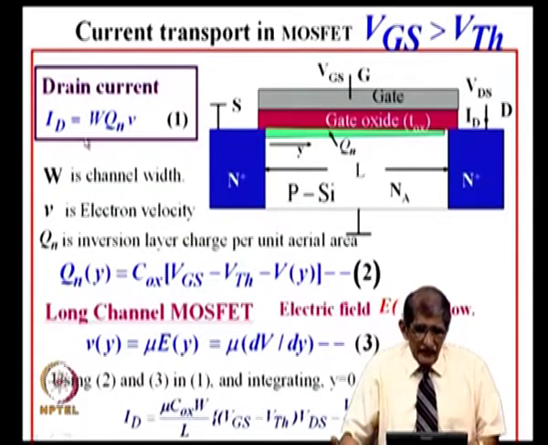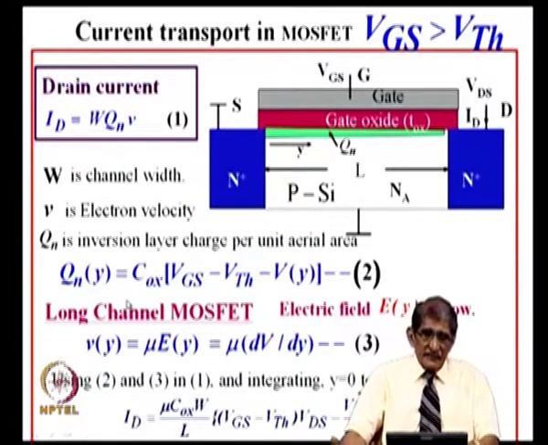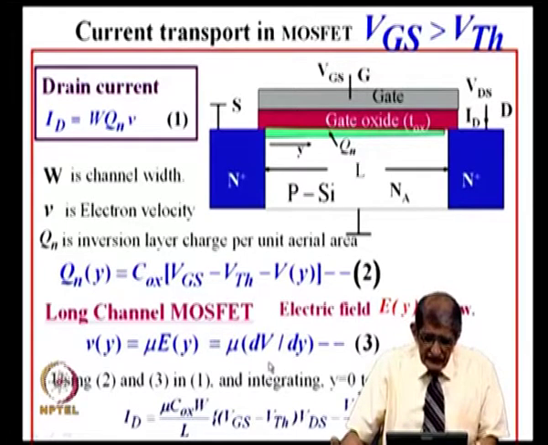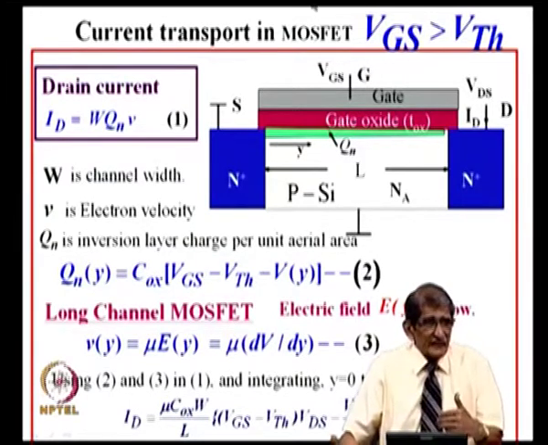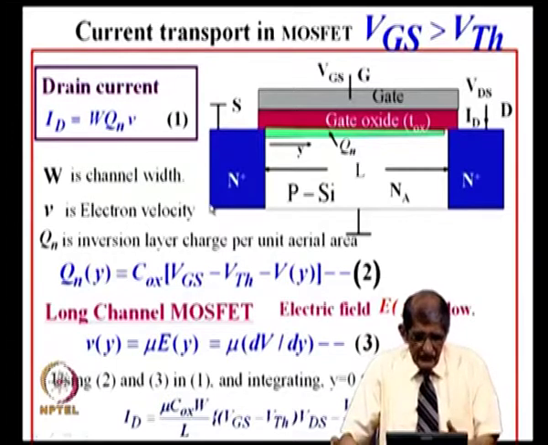Okay. Now, we are talking of a case where velocity is proportional to electric field. Therefore, we find Qn multiplied by this velocity. So, putting these two together, I will not go through the simplification, you can just work it out very easily. Substitute these two here, that is W into Qn is this quantity into mu into dV by dy. Okay.